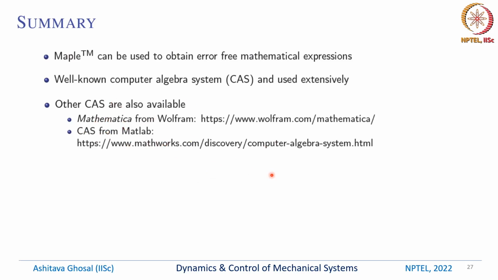So in this NPTEL course, you have access to MATLAB and all its toolboxes. So it's a good idea, if you have time, to try out the computer algebra system from MATLAB. More details about the computer algebra system from MATLAB are available on this website.